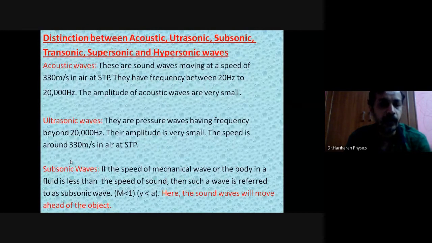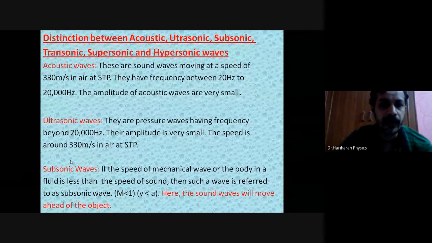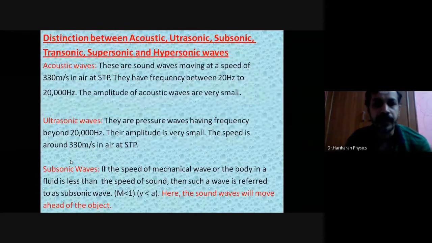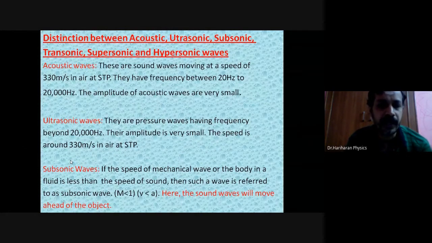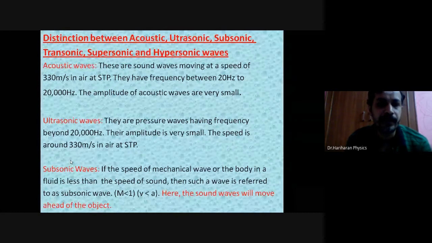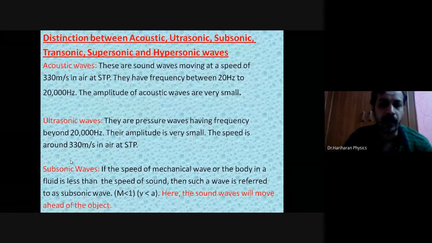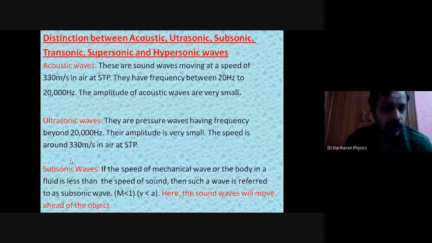Depending on the frequency range and the amplitude, sound waves are classified into four categories: acoustic waves, ultrasonic waves, subsonic waves, and supersonic waves. Then hypersonic waves are a special class of supersonic waves when the Mach number is very high, like 5.